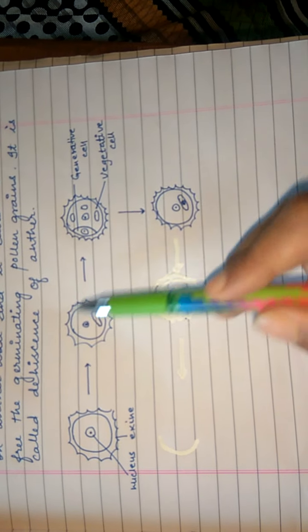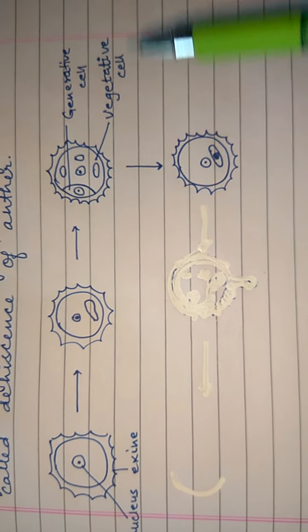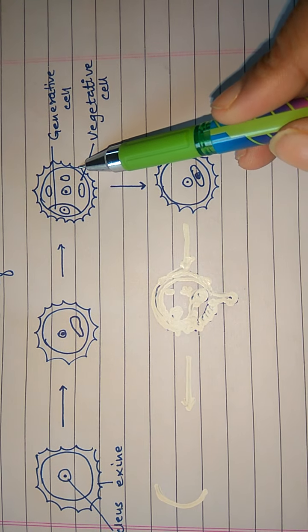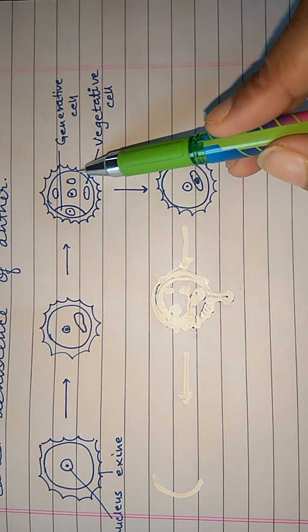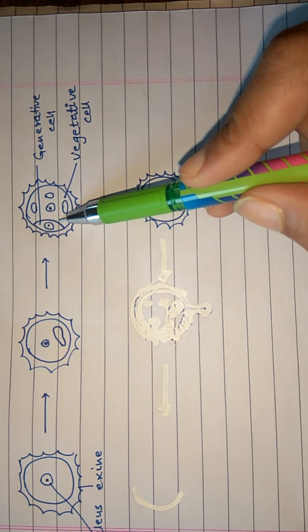The cytoplasm becomes highly vacuolated. Then the microspore undergoes mitotic division and forms two unequal cells. The larger part is called the vegetative cell and the smaller part is called the generative cell.